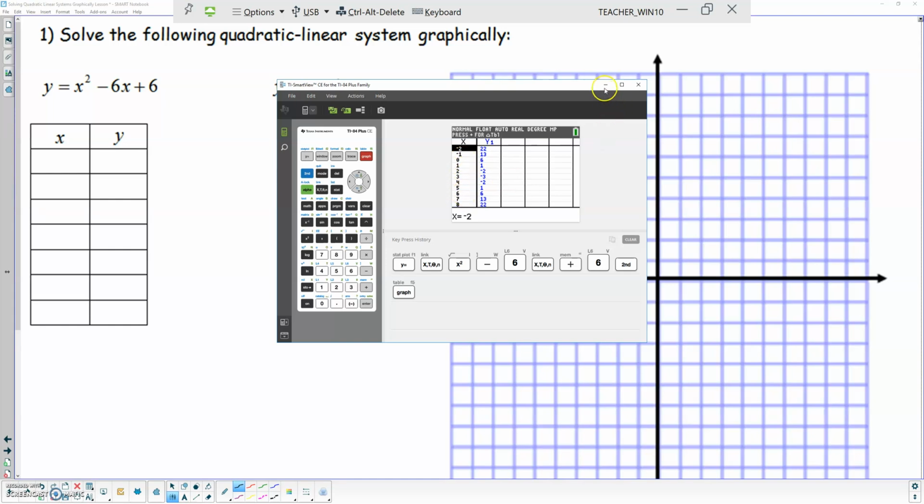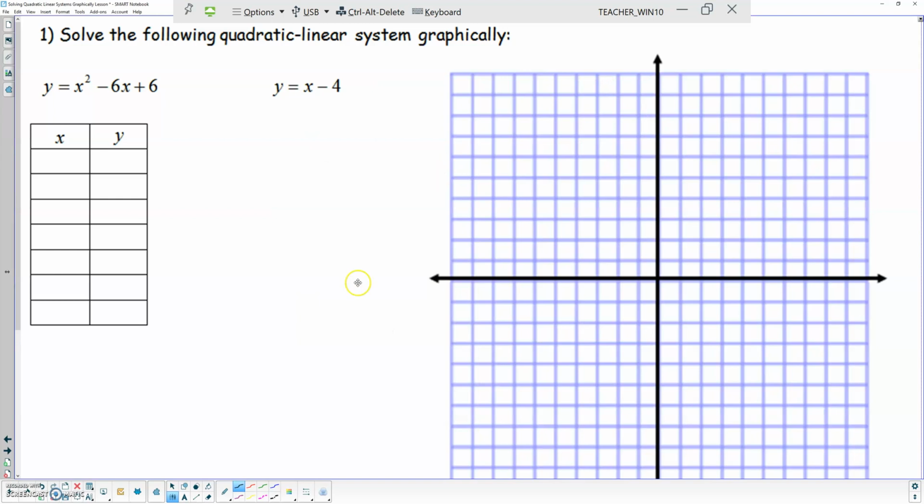All right, so I'm going to copy those values directly onto my paper. My corresponding y values were 6, 1, -2, -3, -2, 1, and 6.